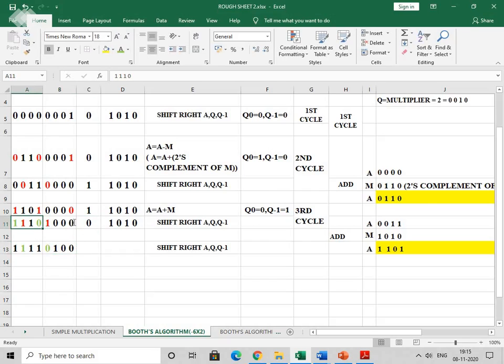This 0 will come in the Q minus 1 column.